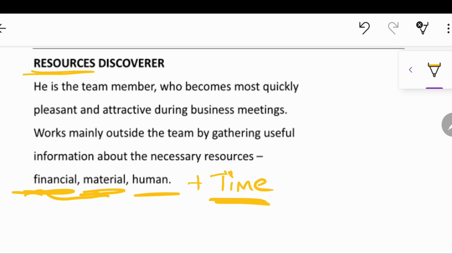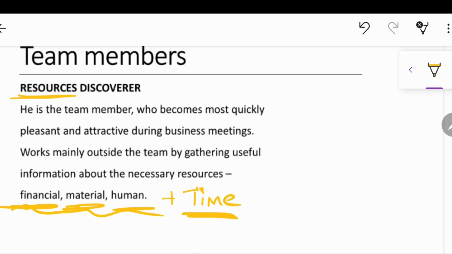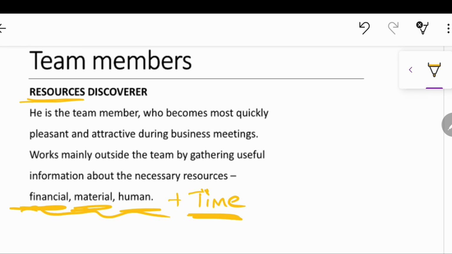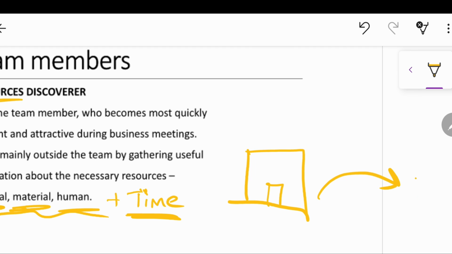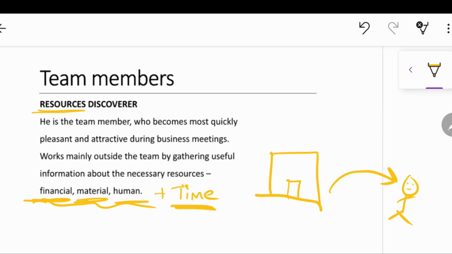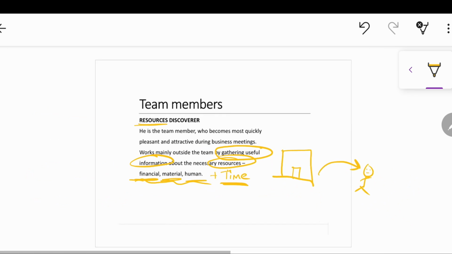So yeah, financial, material, human. And it's someone who works outside the company. So here's the company. He will be outside, in the world, gathering the resources, gathering useful information, resources.